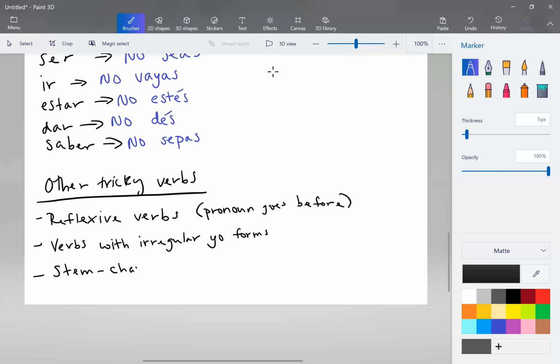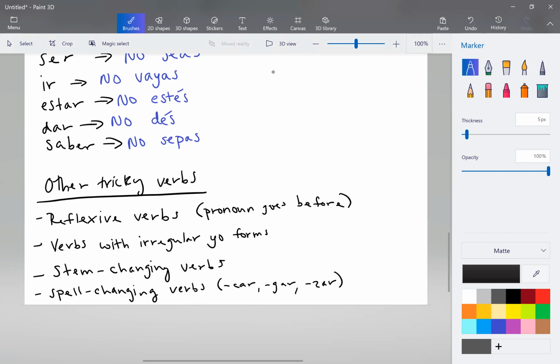Stem changing verbs. Spell changing verbs, which are like the car, gar, zar ones. So there's all those different things to look out for, which is kind of a lot. But we've been working on these things all year, so hopefully it's just adding a little bit more.